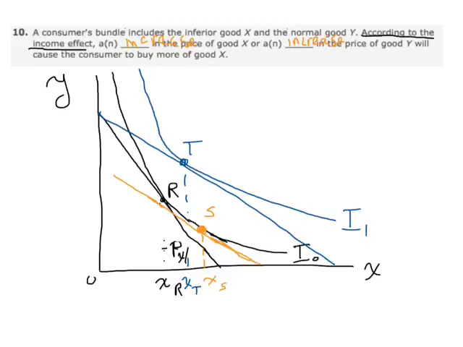It's when real income shrinks, that's when we buy more of the inferior good. So either the increase in the price of good X would shrink our income, thereby causing an increase in the consumption of an inferior good, or an increase in the price of good Y would result in a loss of real income, and thus an increase in the consumption of the inferior good.